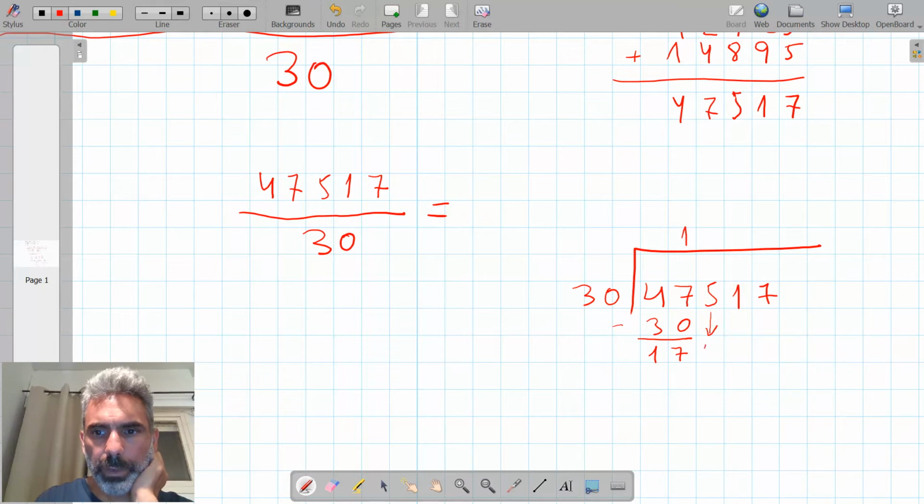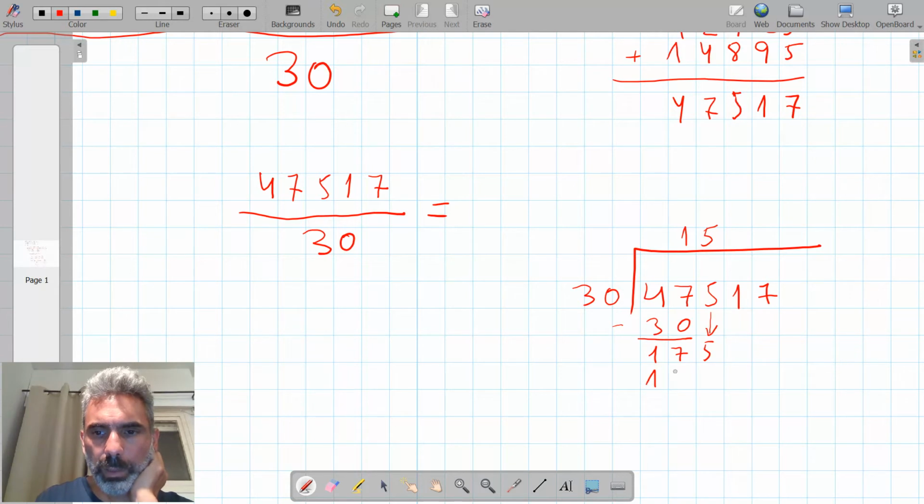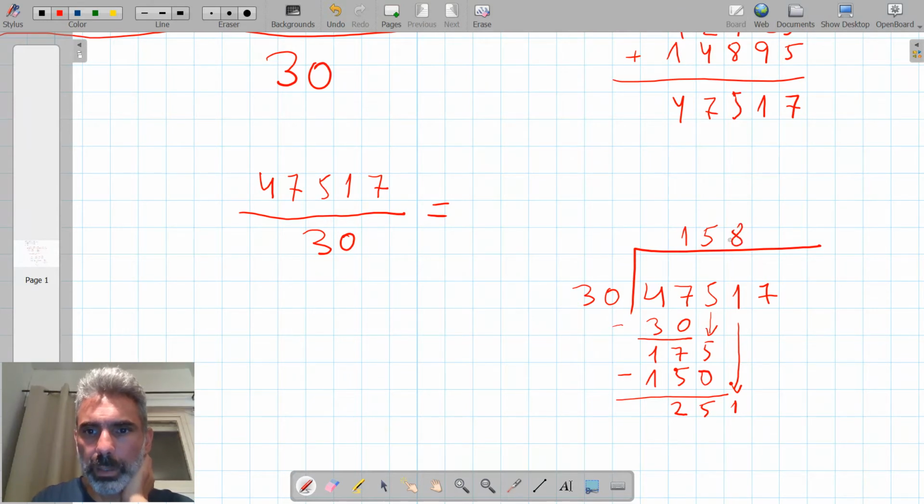Bring down 5. 30 goes into 175 5 times. 5 times 30 is 150. Subtract 25. Bring down the 1, sorry. 30 goes into 250. 8 times 30 is 240.